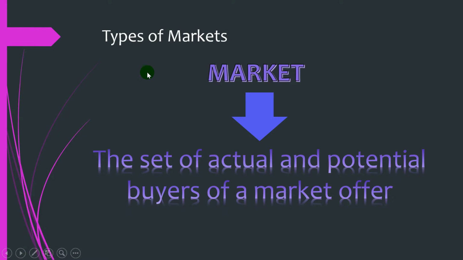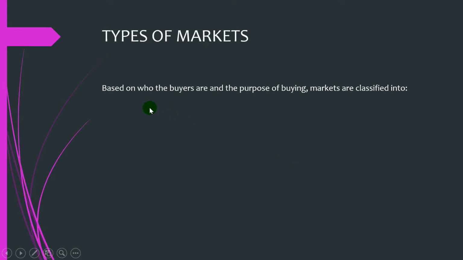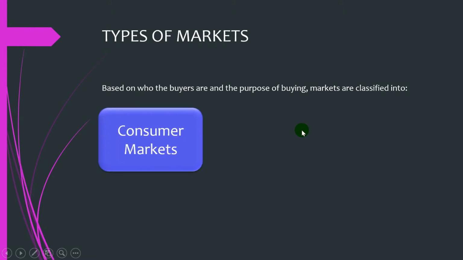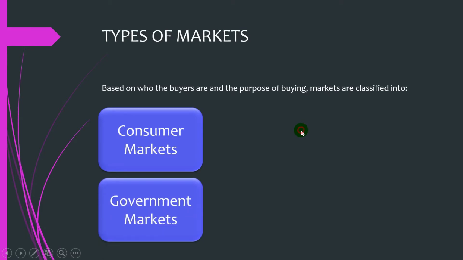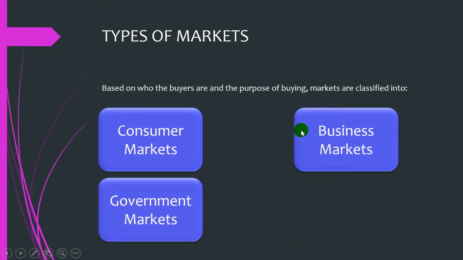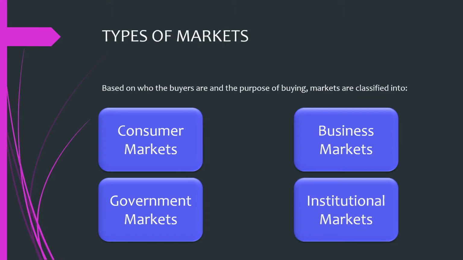Now let's go to our main point, which is about types of market. Based on who the buyers are and the purpose of buying, markets are classified into consumer markets, government markets, business markets, and institutional markets.